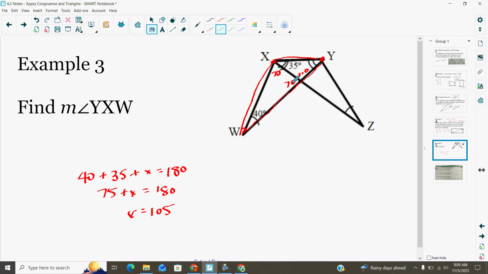This needs to be 110. Notice there forms a straight line. That's got to be 70. It's a vertical angle. Also, it's a linear pair. 70, 40. That's 110. So this one needs to be 70 up here as well.